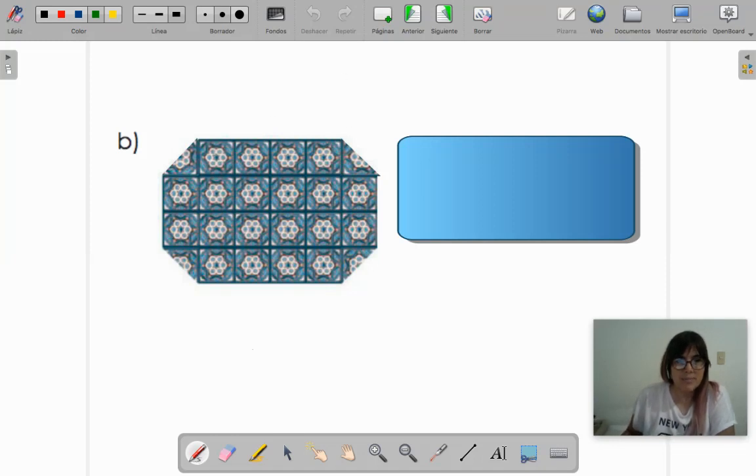So let's begin. This is not complete, so I will not count it. Let's go here. One, no. Well, yeah, 1, 2, 3, 4, 5, 6, 7, 8, 9, 10, 11, 12, 13, 14, 15, 16, 17, 18, 19, 20.